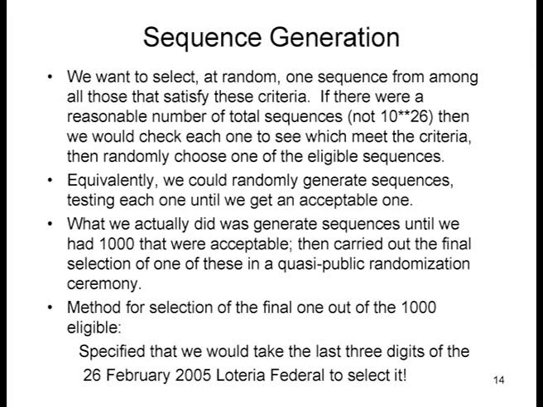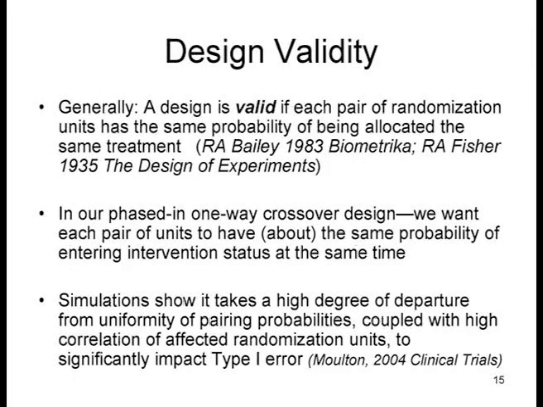All right, now, I just thought I'd bring up here the thing of design validity. Most people know about unbiasedness as a good characteristic to have in a randomization procedure. An unbiased design is basically that any unit has the same chance of getting the treatment as any other unit.